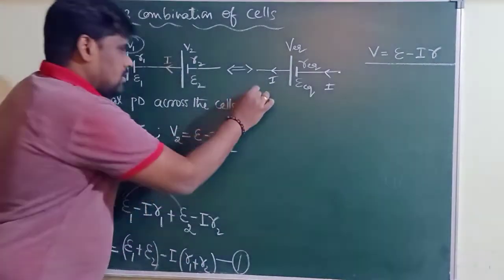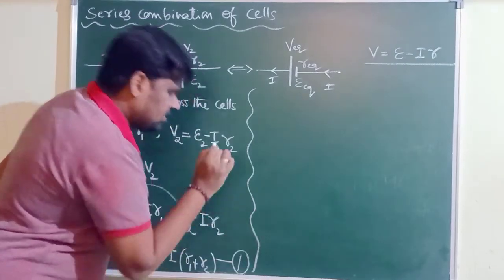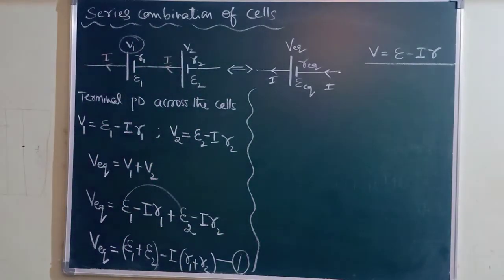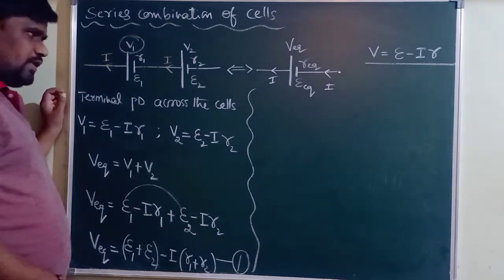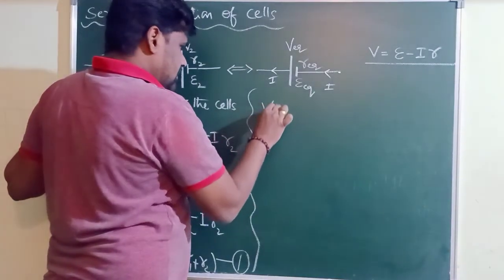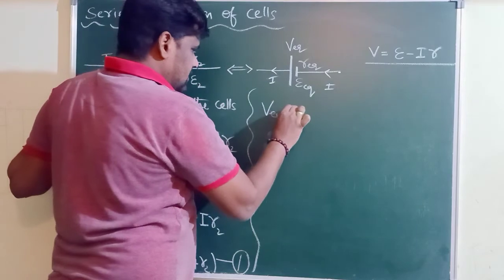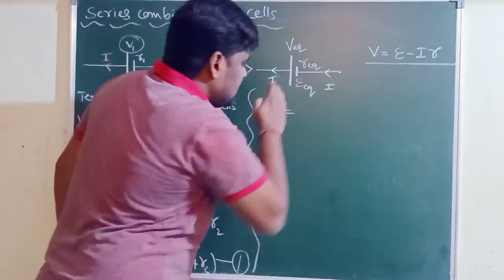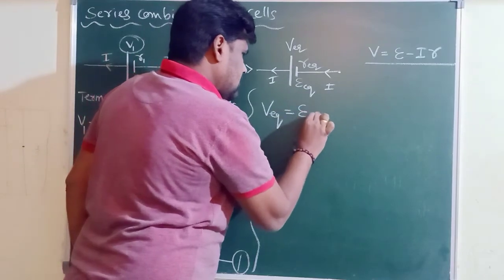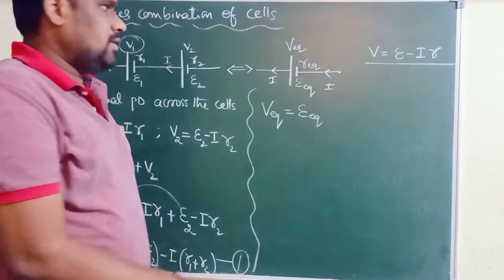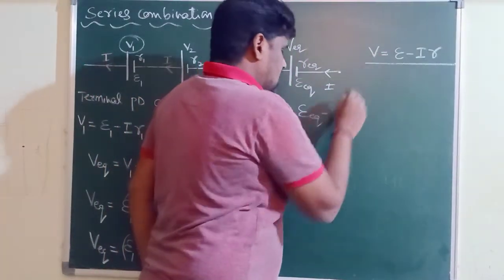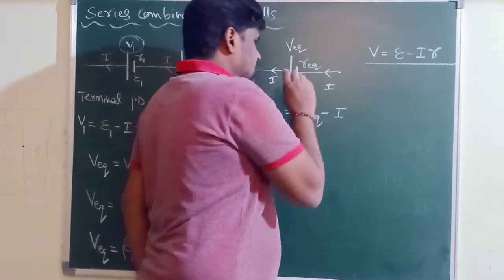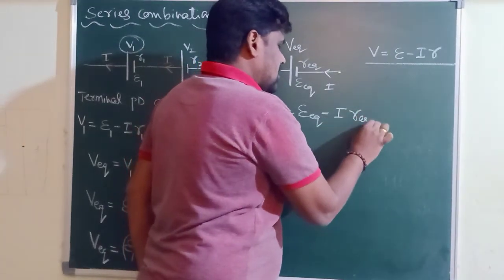Now, what is the terminal potential difference of the equivalent cell? That is given by V equivalent equals its EMF, E equivalent, minus I into its internal resistance, R equivalent.